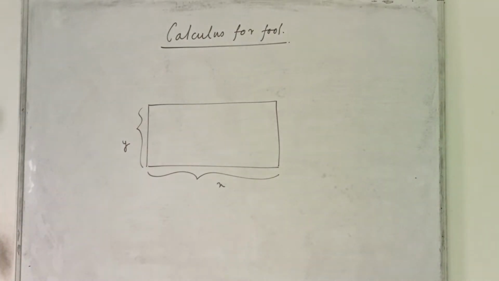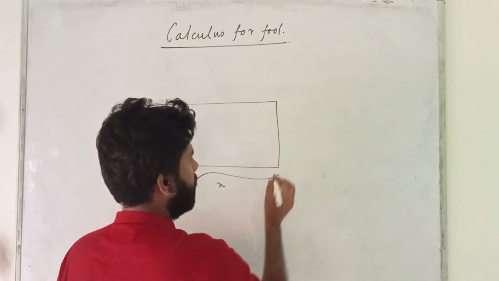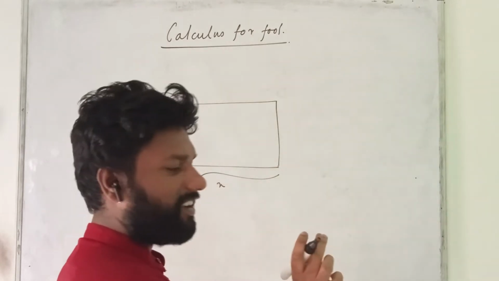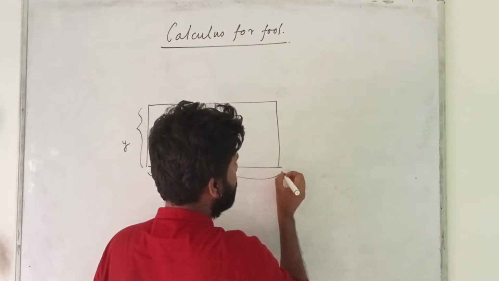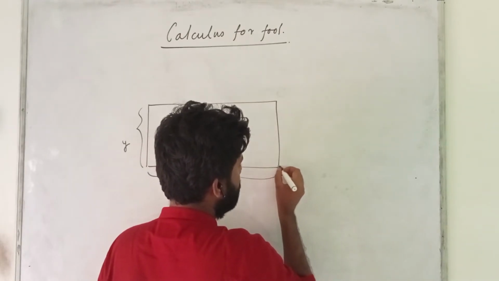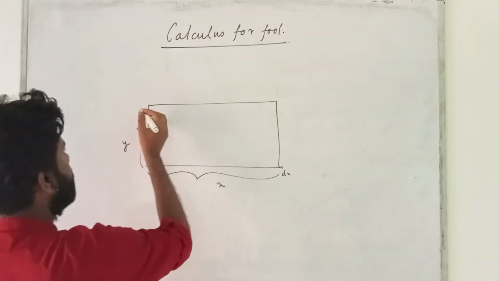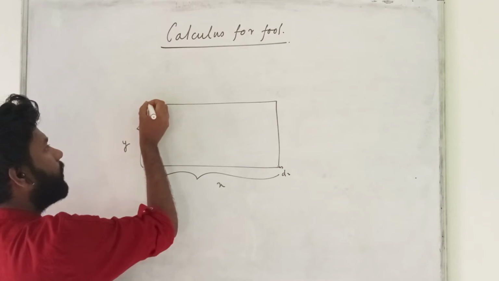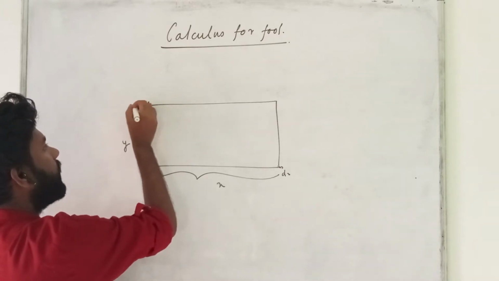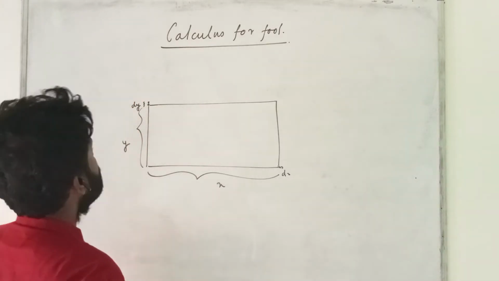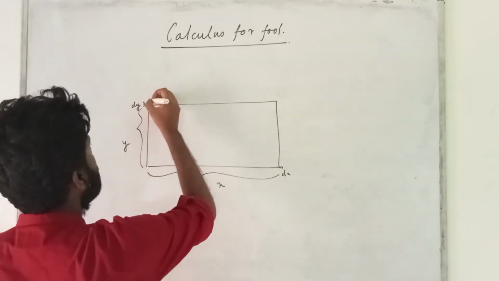If you increase this length by a very small amount, a little bit of x, this is dx. And if you increase the breadth of this rectangle by a very small amount, so it is y and it is dy. So now the area of the new rectangle begins.